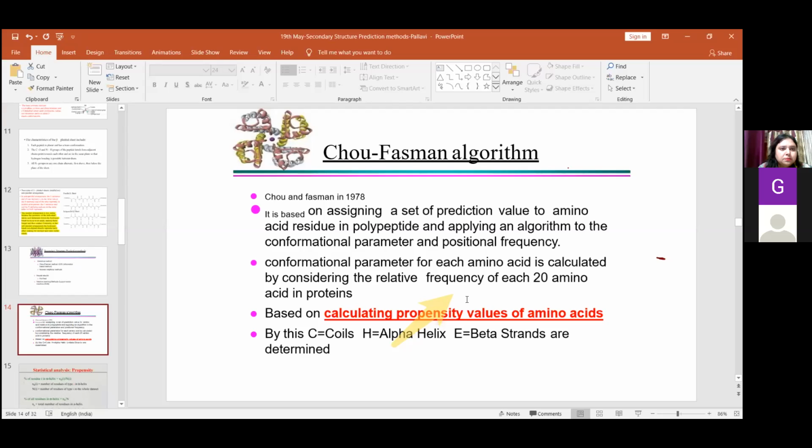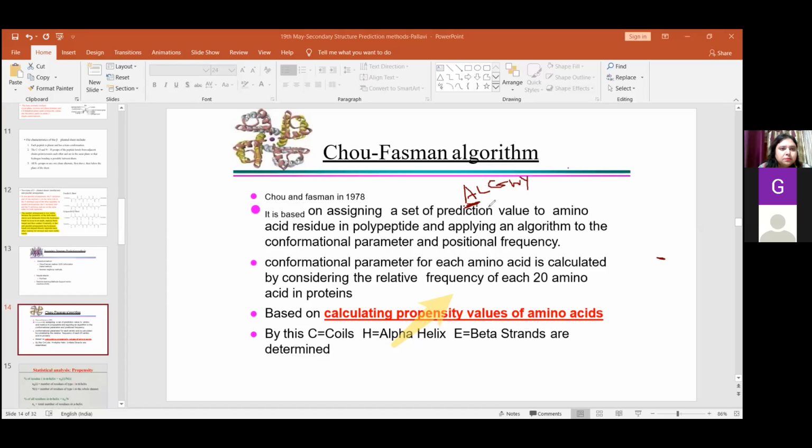And this propensity value of the amino acids is considered based on its position. Let me show you by example on the screen. Let us say I have the amino acids alanine, lysine, glycine, and a lot of W. I know that alanine is present in the first position here.